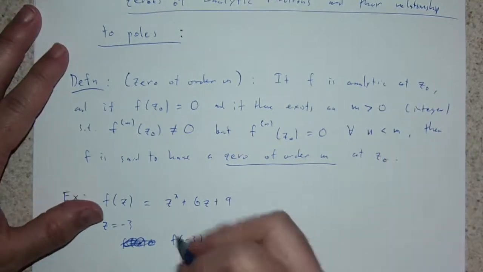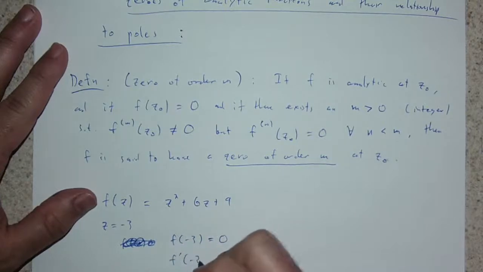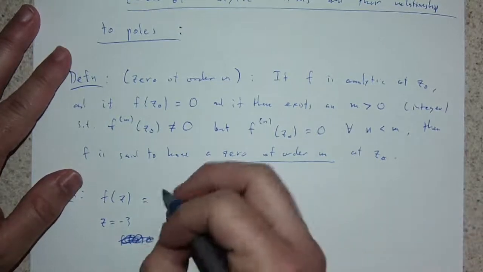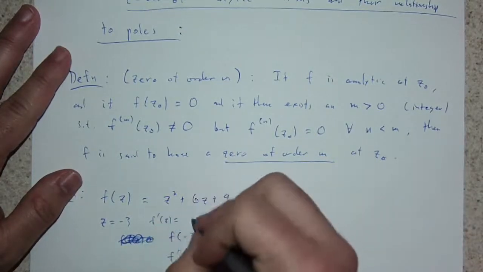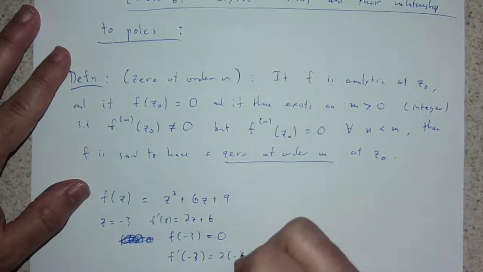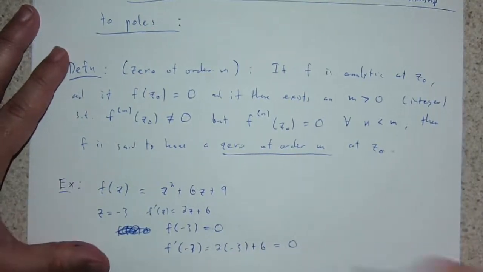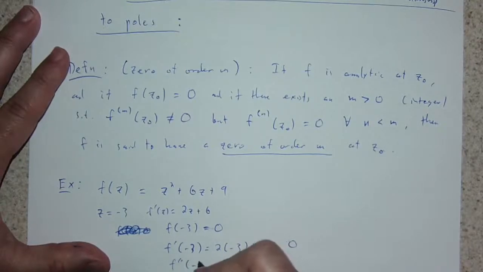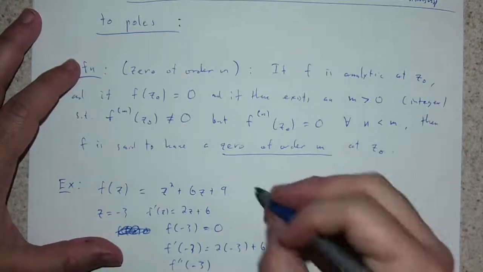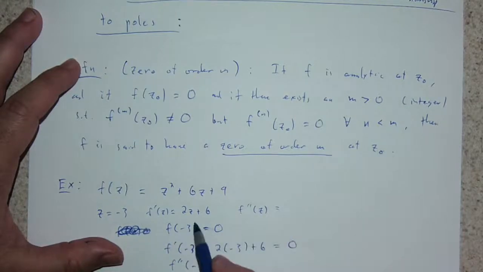And f prime of minus 3 is what? Well, f prime of z, let's just compute it real quick. F prime of z is 2z plus 6. So this is 2 times minus 3 plus 6. That's also 0. And what's f double prime of minus 3? Well, f double prime of z is equal to 2.